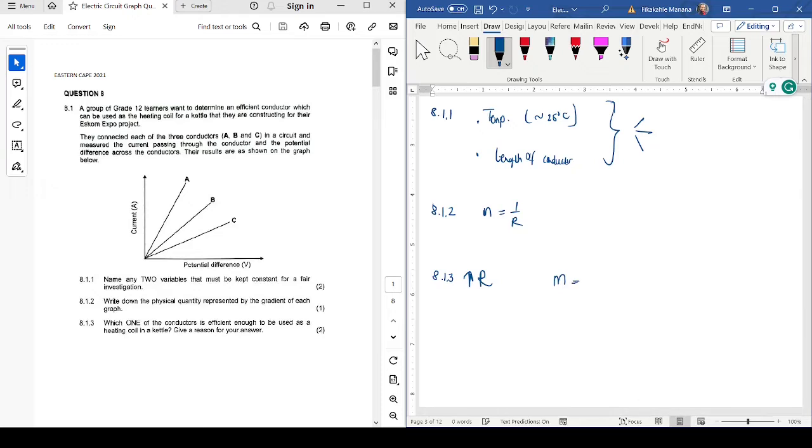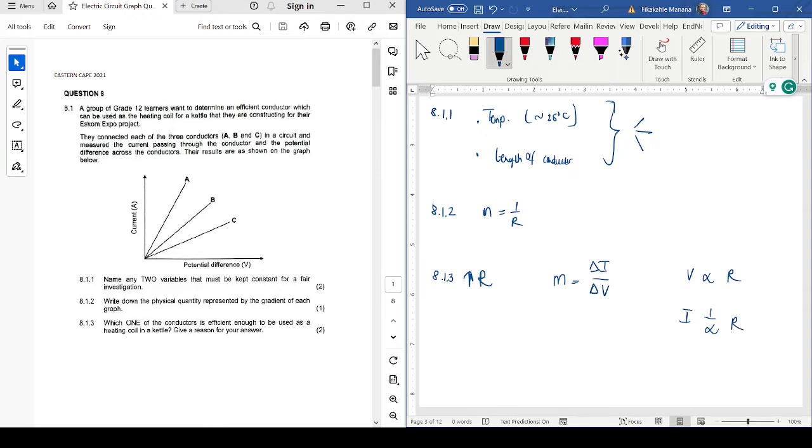that if you have a higher current, remember this is change in current over change in potential difference. So potential difference is actually directly proportional to resistance, whereas current is inversely proportional to resistance.